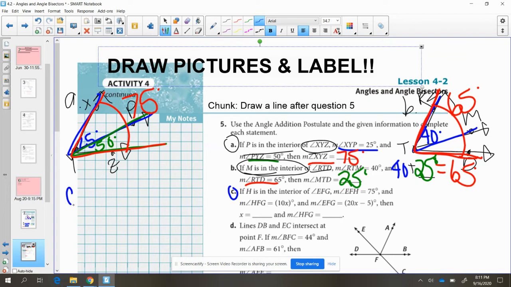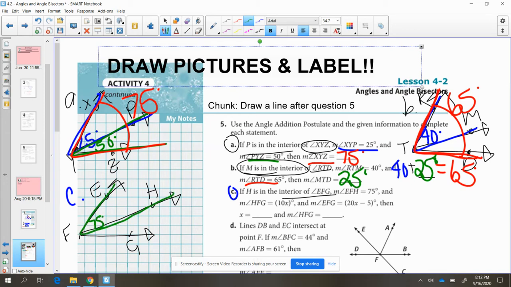Okay. Now, part C is over here. All right, here's part C. And part C is asking us to draw an angle. So here is EFG, and we want point H on the interior. Now I know you missed it, but here comes algebra again, right? Because they're giving us that EFH is 75.